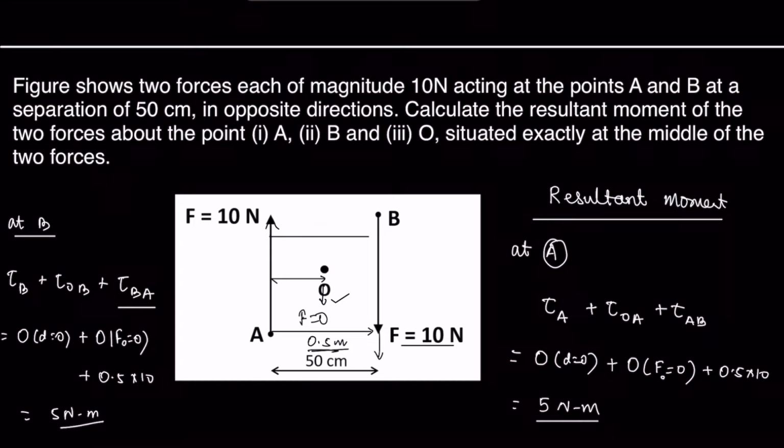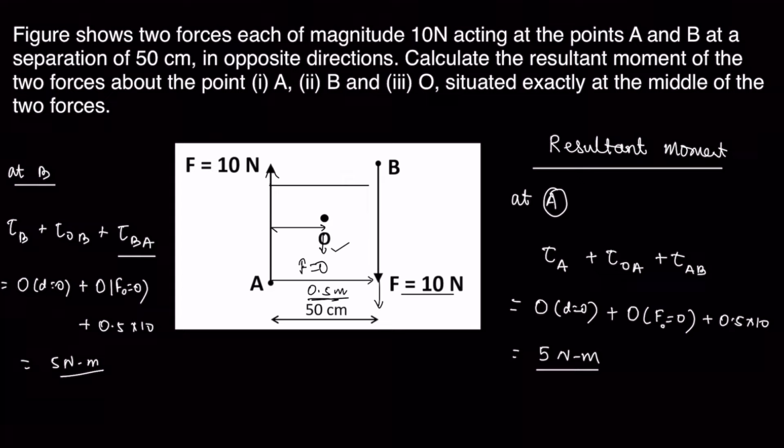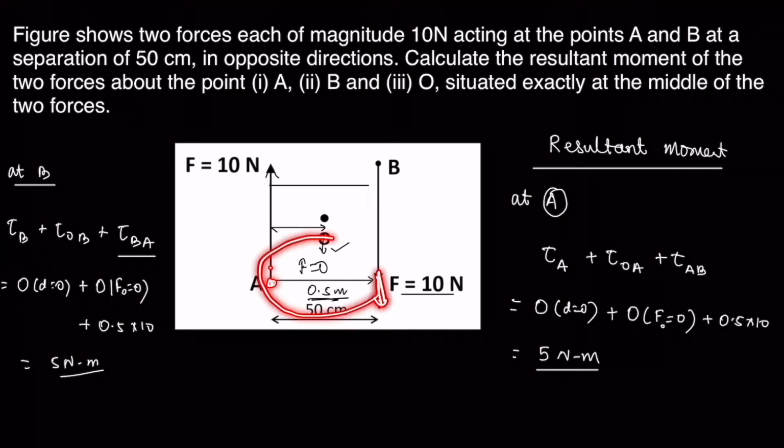But one thing we have to note down: direction. As moment of force is a vector quantity, for A and B we can also check the direction. So with respect to A, the force is acting in the downward direction, so it is an example of clockwise.